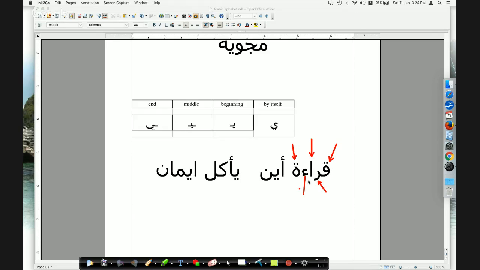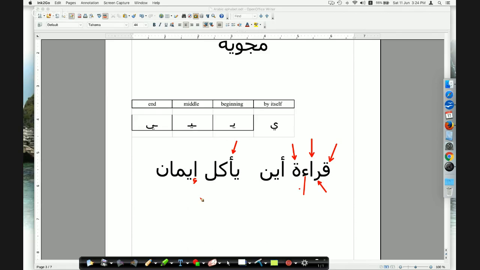Later when we get more advanced, I will give you rules on how to decide if the Hamza is going to be written this way or this way, or even here, underneath. How will I know? There are rules for that, and don't worry, it's really not too much.